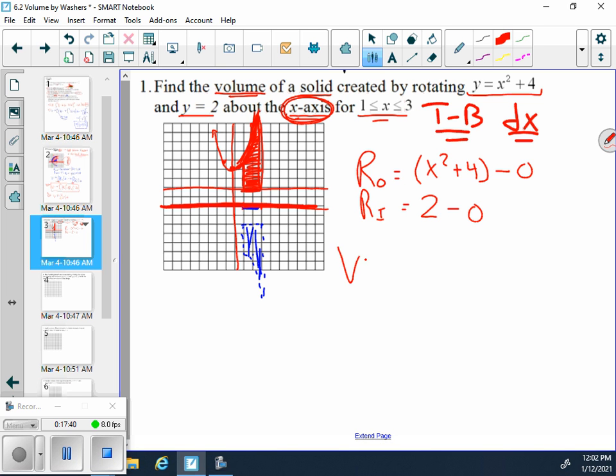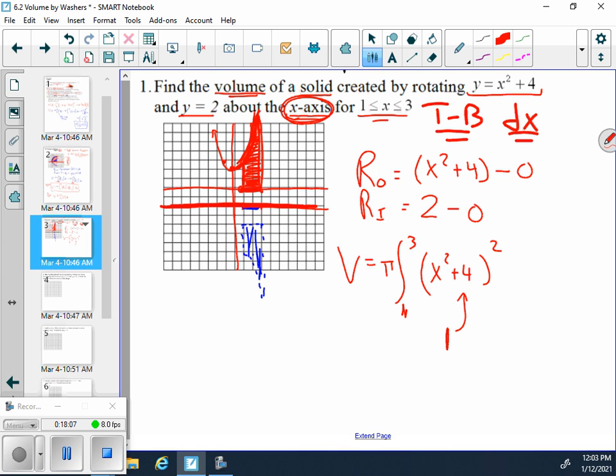Then our equation for volume is simply going to be the integration from 1 to 3, our leftmost bound to our rightmost bound, of the outermost function, which would be x squared plus 4 minus 0, squared.